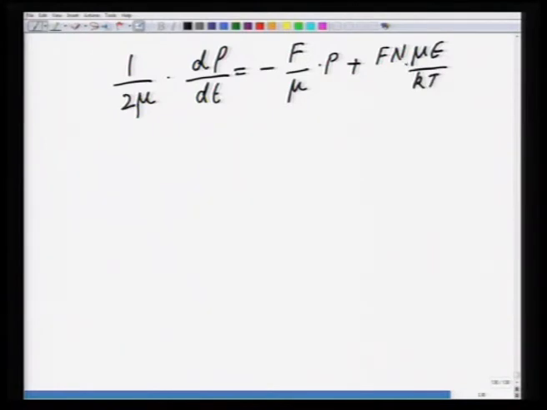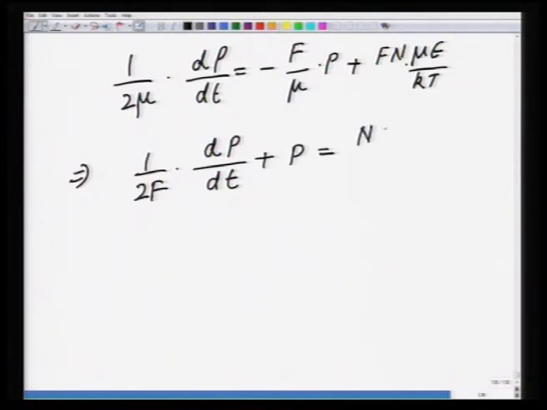Or alternatively, rearranging again, we can write this as 1 divided by 2F multiplied by dP by dt plus P to be equal to N mu square E divided by kT.